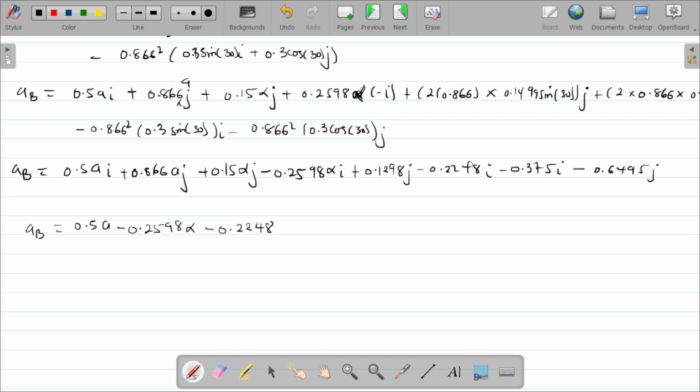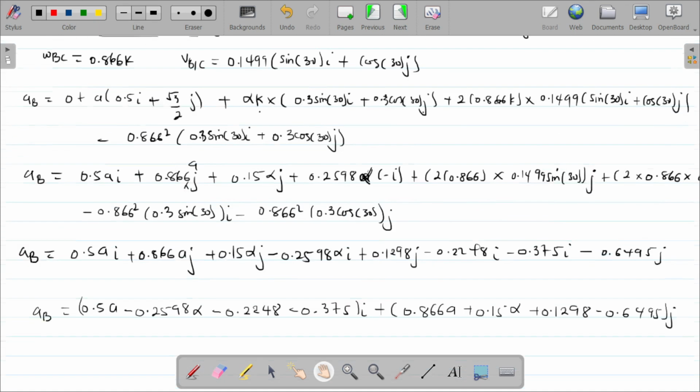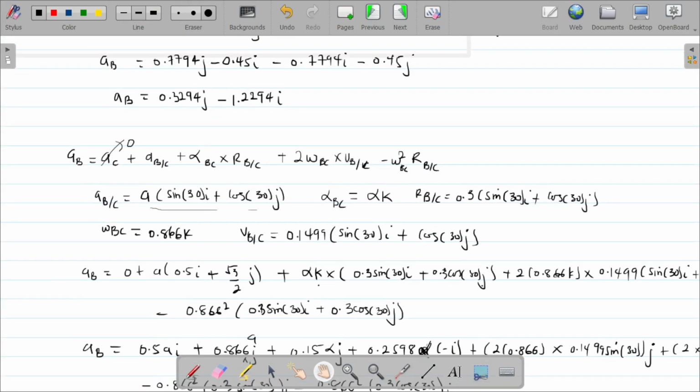The next I minus 0.375. Okay, so all in I, plus then the J we have 0.866 A, the next J plus 0.15 alpha, the next J plus 0.1298, the next J minus 0.6495 J. Okay, so at this point, just as we did for the first one, the B here is equal to what?